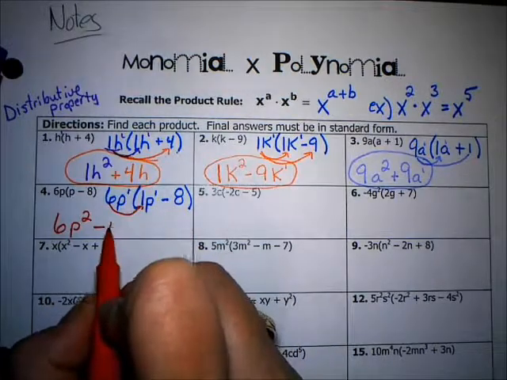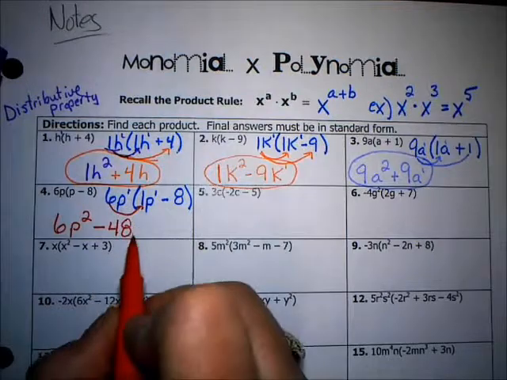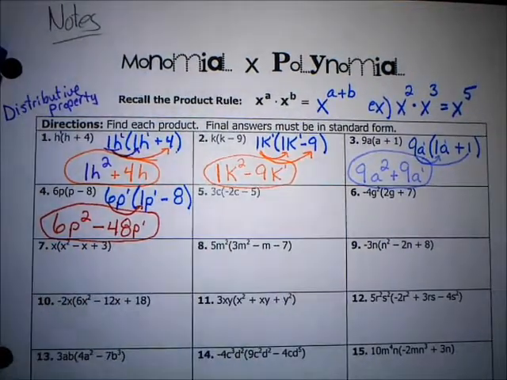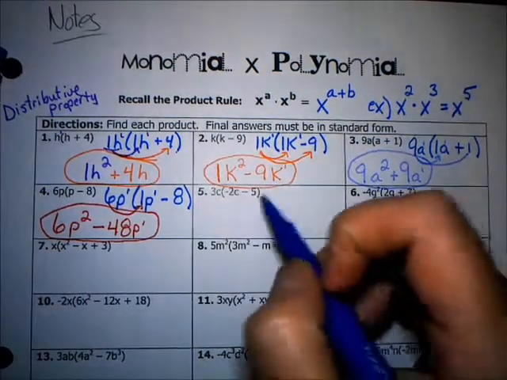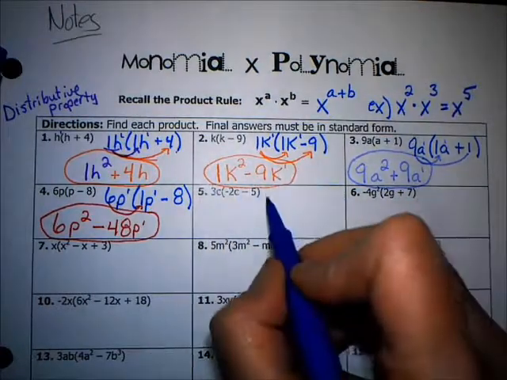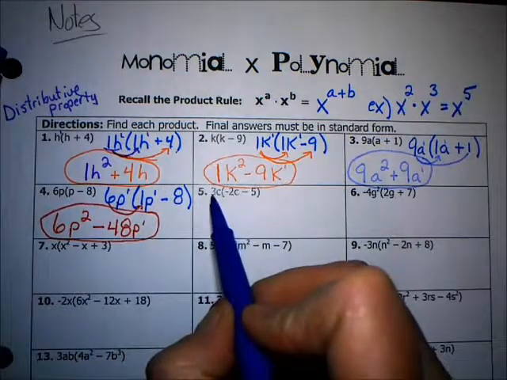Okay. Alright, now what if I have coefficients everywhere? So like here on number 5, I have 3c, and this one I don't have to rewrite because there's coefficients on every one of my terms. So I'm first going to multiply 3 times a negative 2. 3 times negative 2 is negative 6.